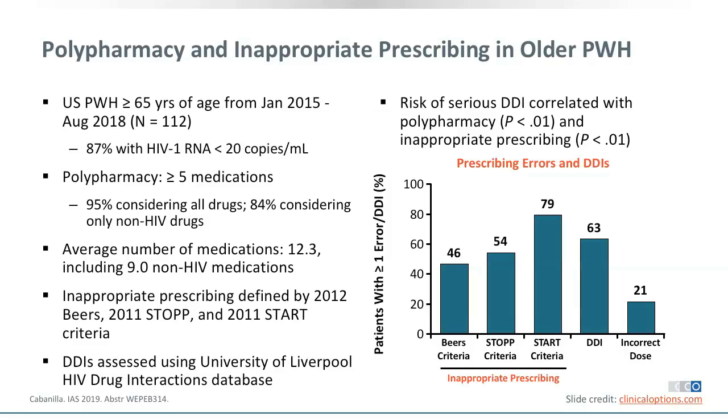That's very important because these criteria, for instance, the START criteria, analyze the treatments that should have been prescribed and were not prescribed in that patient. For instance, pneumococcal vaccination, influenza vaccination, vitamin D treatment, antihypertensive therapy, drugs that should have been prescribed and are not prescribed in that patient. The STOPP criteria are drugs that should not be taken because there's no real indication for that treatment.